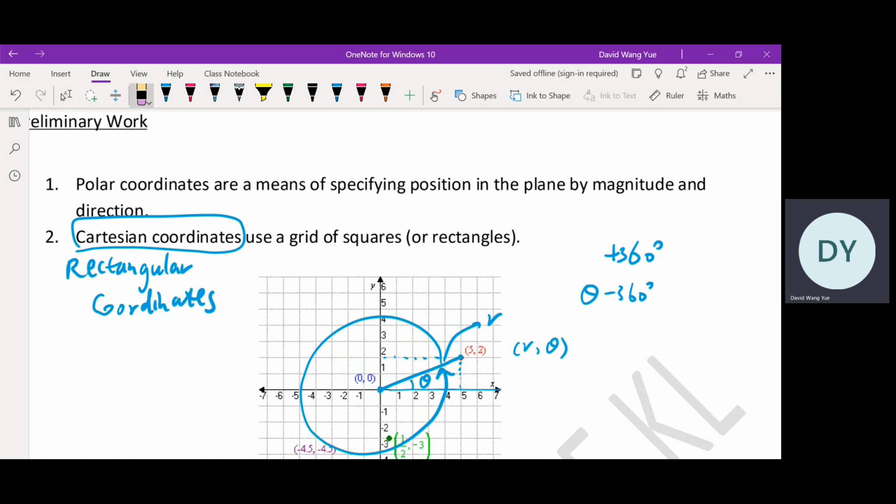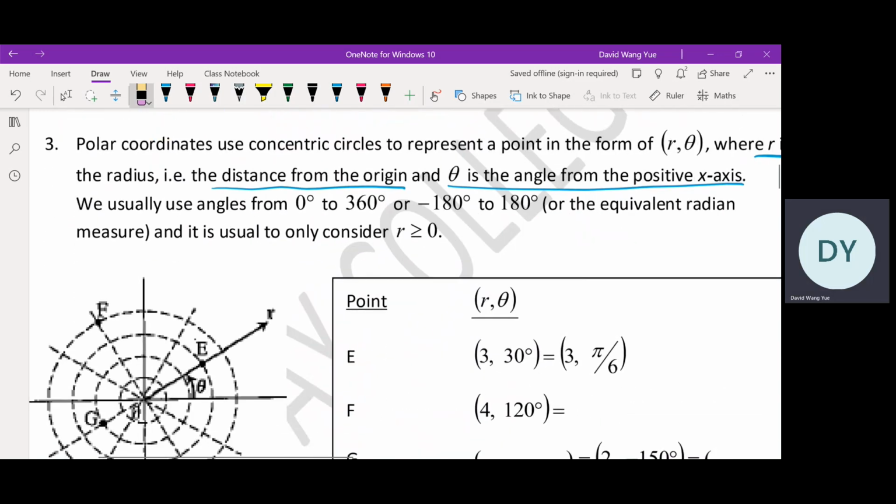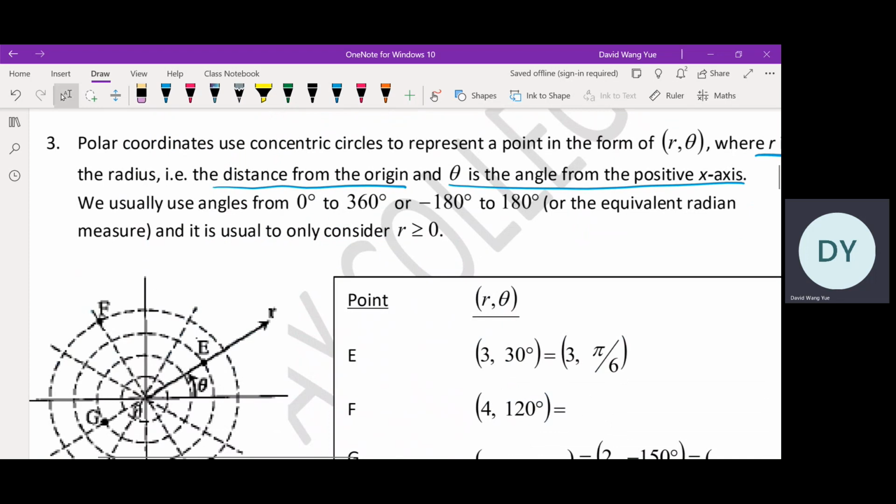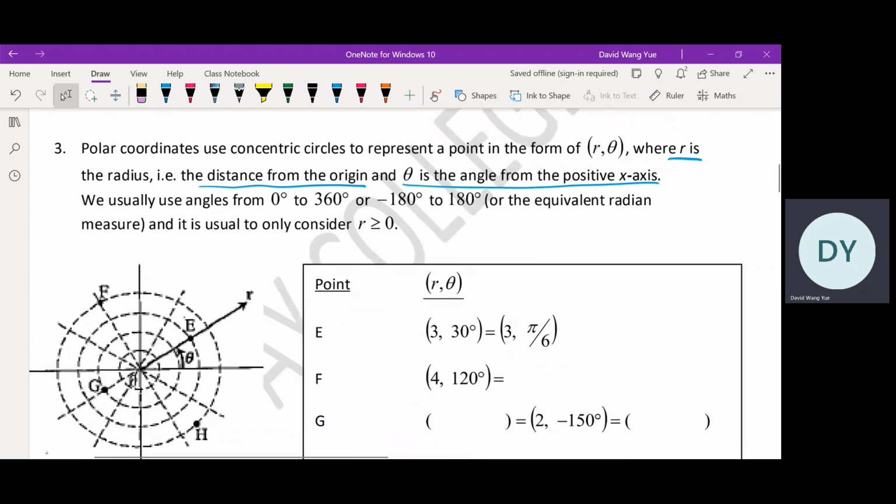So to avoid too many different expressions, usually we'll restrict the range of angles in between 0 and 360 degrees, or negative 180 to positive 180 degrees, or the equivalent radian measure.